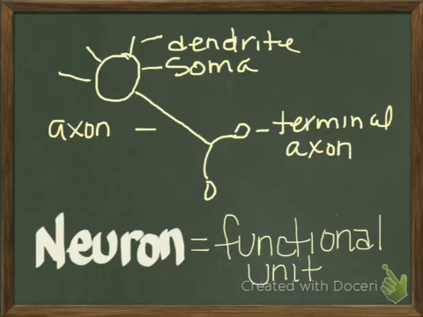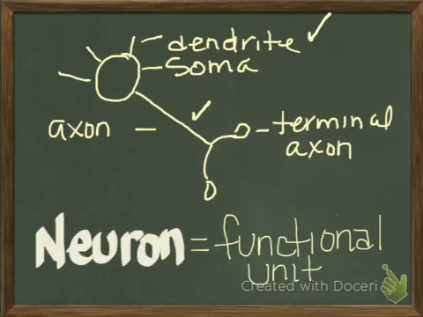So to understand bundles of axons, let's look at a neuron. Now your neuron is the functional unit of the nervous system. In other words, this is the cell that produces the electrical stimulus. Now neurons consist of two types of processes, dendrites and axons. Dendrites are your antenna. They receive signals from the other neurons.